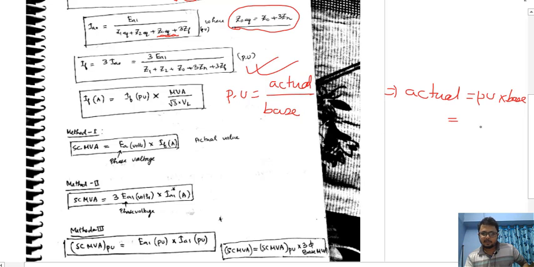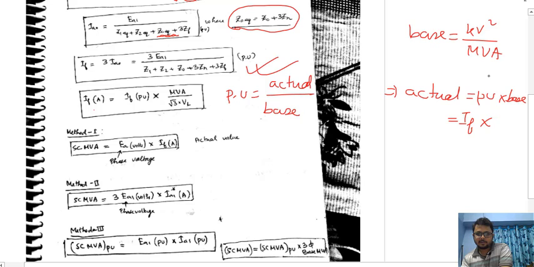How much is the base value? Base is kV square by MVA. So if I write in the numerator, this is the PU value, IF, into base value.